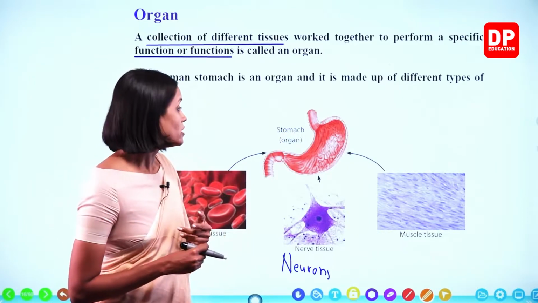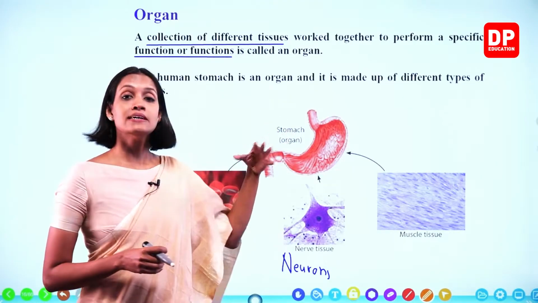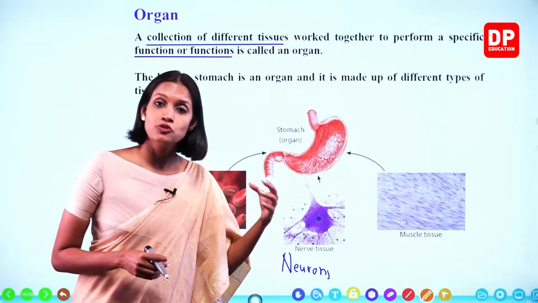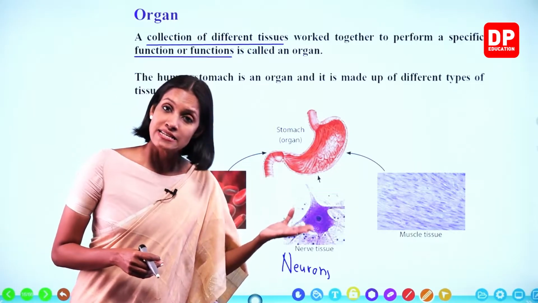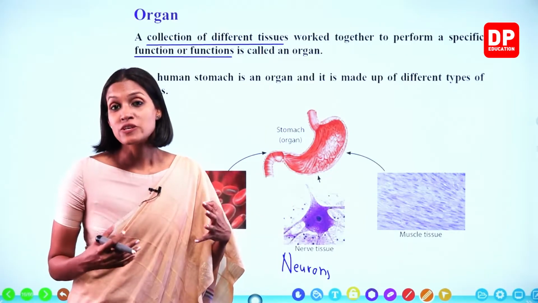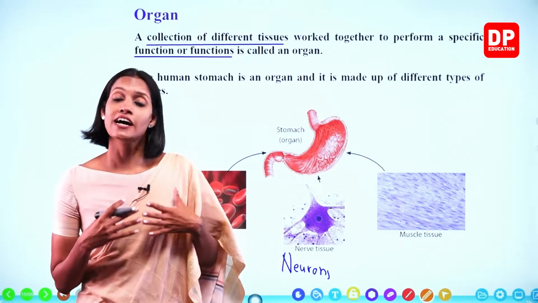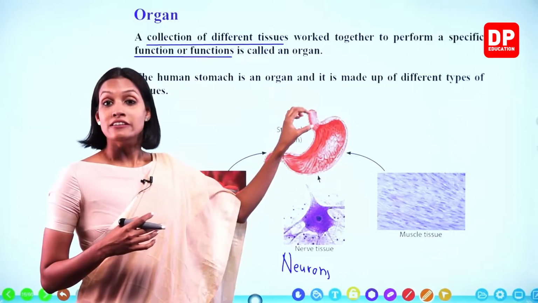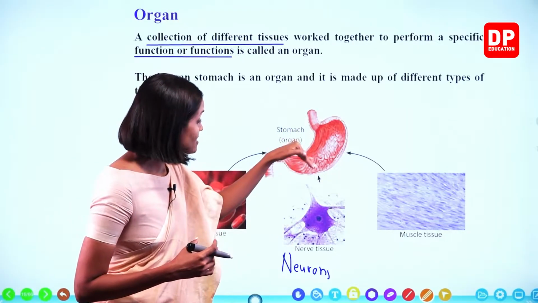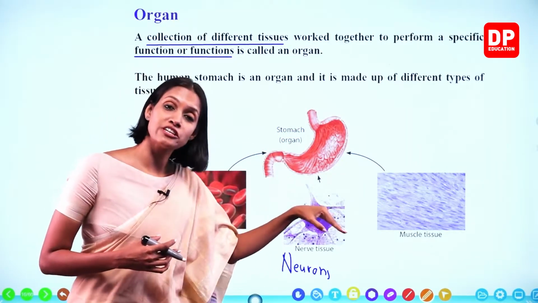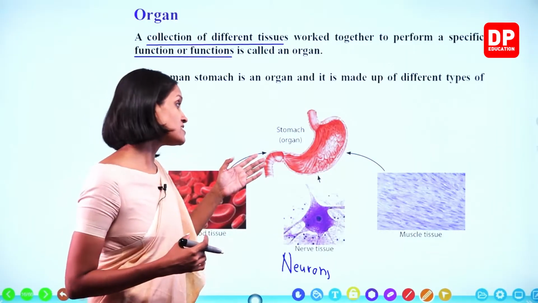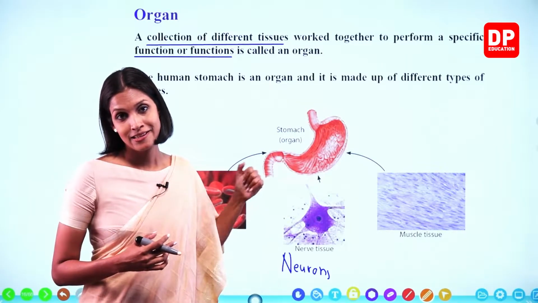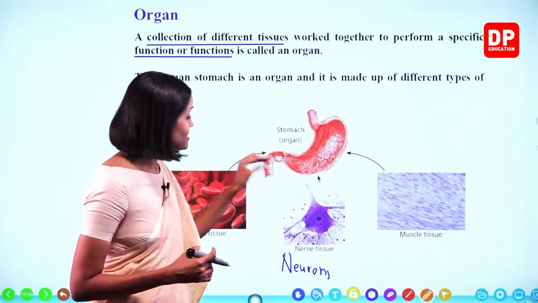The muscles connected to the bones are known as skeletal muscles. The muscles present in the heart are known as cardiac muscles. And the muscles related to other organs like the stomach and the digestive tract are known as smooth muscles.